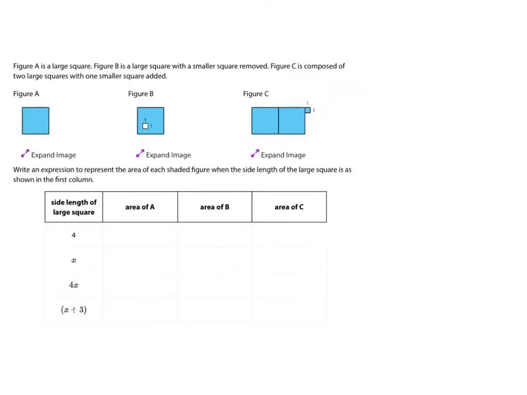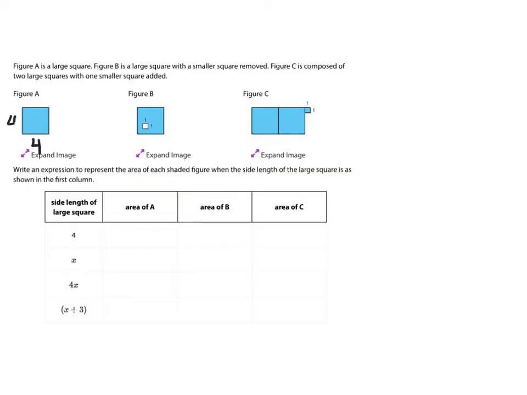Okay, our little warm-up. Figure A is a large square. Figure B is a large square with a smaller square removed. Figure C is two large squares with one small square added. So we need to write an expression to represent the area of each square figure when the side length of the large square is shown in the first column.